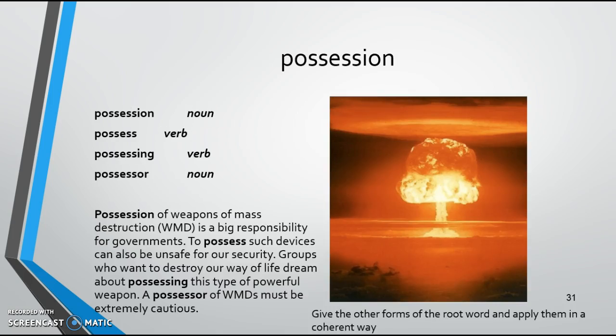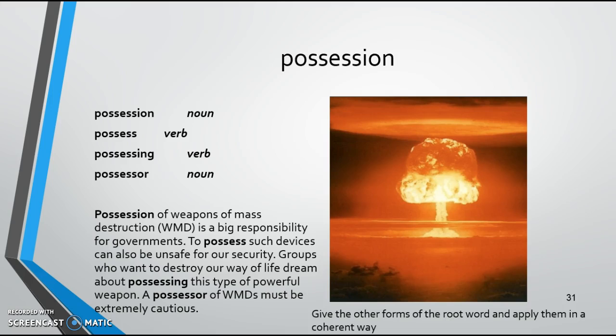The next part is where you're really looking at different forms of the root word and then applying them in a cohesive and coherent way. So here we're using the word possession, which is a noun, possess as a verb, possessing as a verb, and possessor as a noun. The paragraph that's been created to combine all of these terms coherently is: Possession of weapons of mass destruction is a big responsibility for governments.